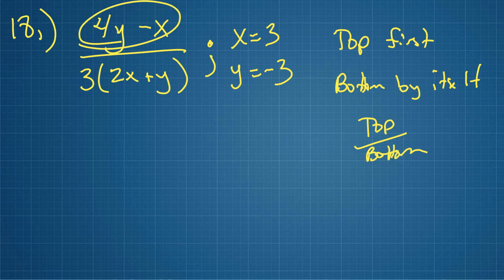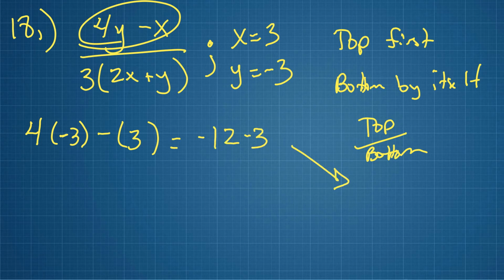So I do 4y minus x. So I do 4, empty set of parentheses. Remember step 1, write it with the empty set of parentheses. Minus empty set of parentheses. X is 3. Y is negative 3. So I have 12 minus negative 3. So my top becomes 15. Okay. Bottom.